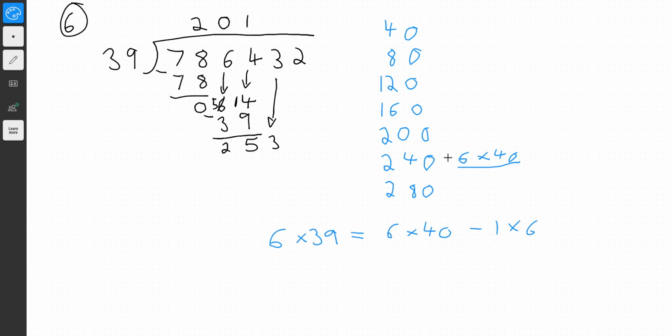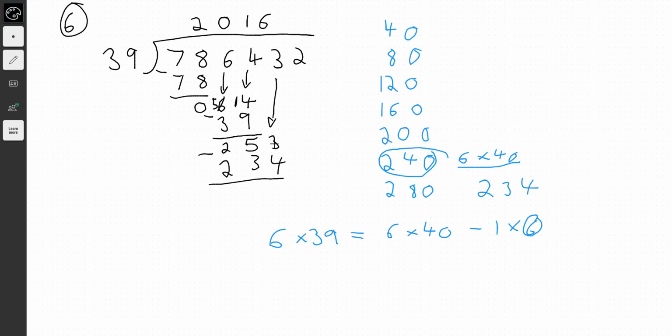So 240 take away 6 is 234. So what we end up having is we've got 6 lots of 39, and that gets us 234.